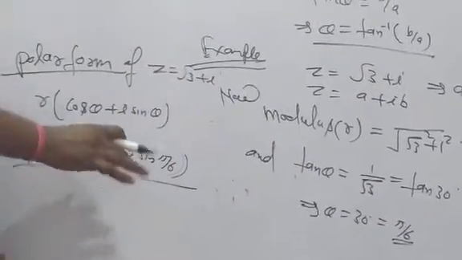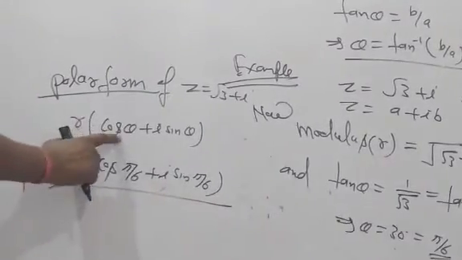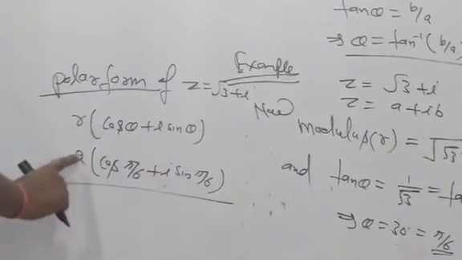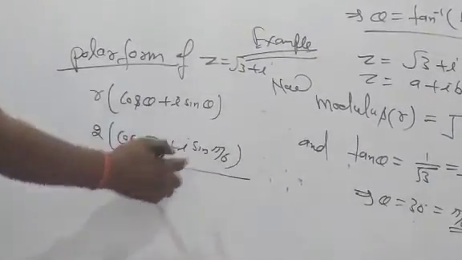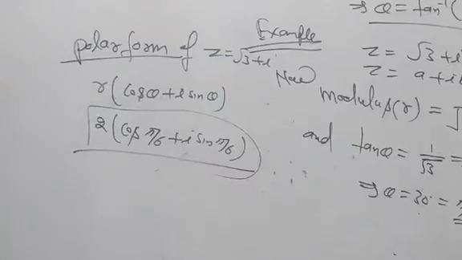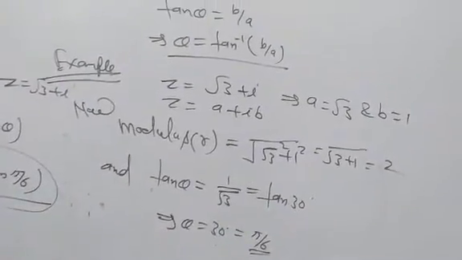Now how can we write it in polar form? r cos theta plus i sin theta, where r is 2 and theta is pi by 6: 2 cos pi by 6 plus i sin pi by 6. This is the polar form of z is equal to under root 3 plus i. Understood? Very good.